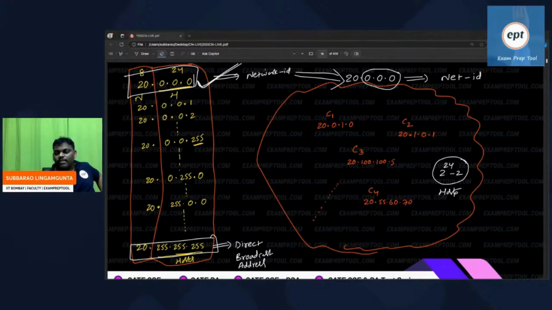That's what I am saying. Class D and class E are only for namesake. It is like governor and president. Who is the president? President and deputy president. Only for namesake, they have nothing to do.